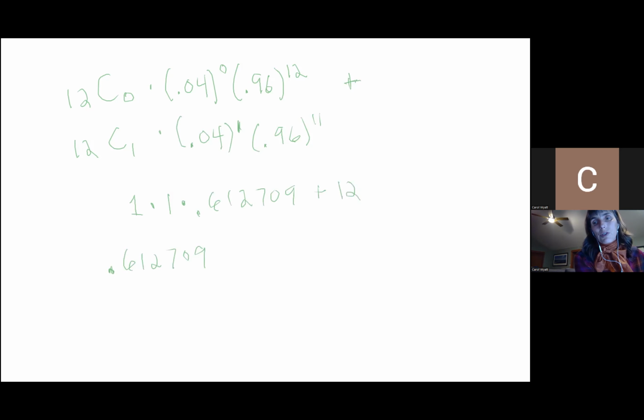There's 12 ways you can choose one thing from 12, times 0.04 times 0.96 to the 11th, which is 0.03269333, times 12 times 0.04, which is 0.30635. Add these two numbers together.